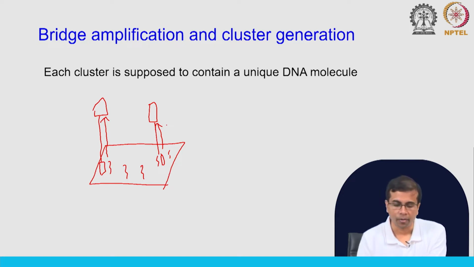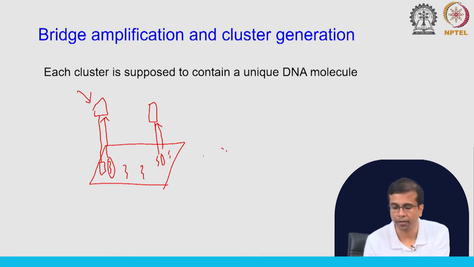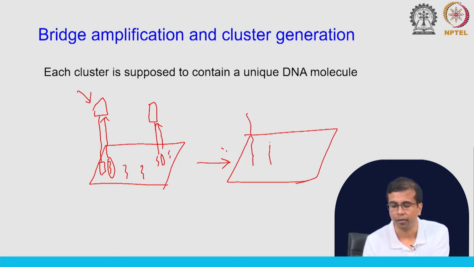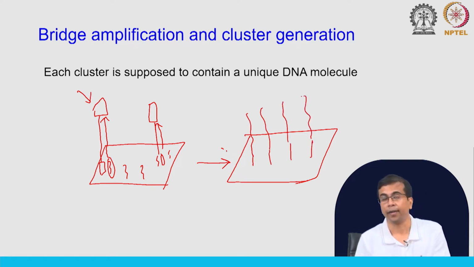Once these fragments are extended starting from this complementary sequence, you can release these DNA fragments. What you have at the end of this process is something like this: DNA fragments generated on this plate. Again, we can imagine you have millions of them on this plate.